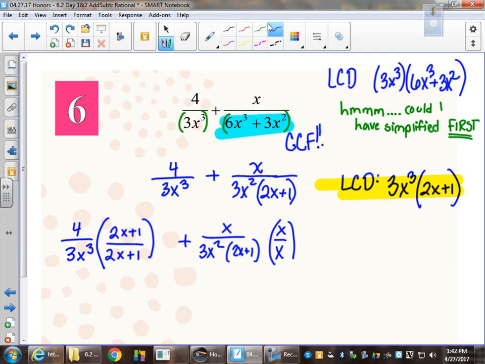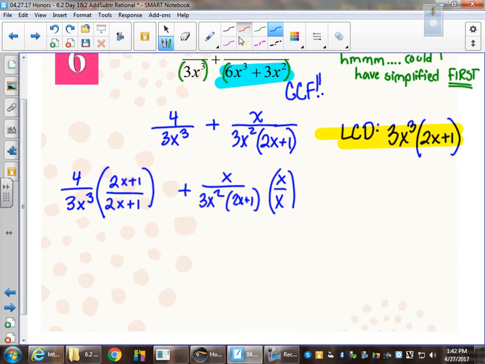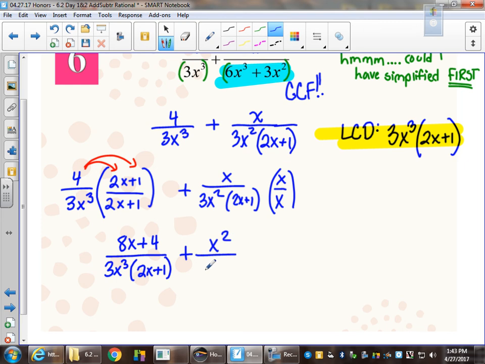Our setup is complete. Let's now do our multiplication. We're going to distribute 4 to both terms on the inside. So that becomes 4 times 2x is 8x. 4 times 1 is 4, divided by 3x to the third times 2x plus 1, plus x times x is x squared. 3x squared times x becomes 3x to the third times 2x plus 1.